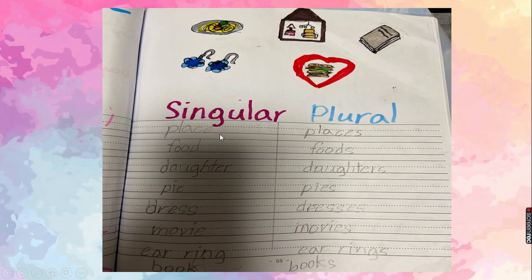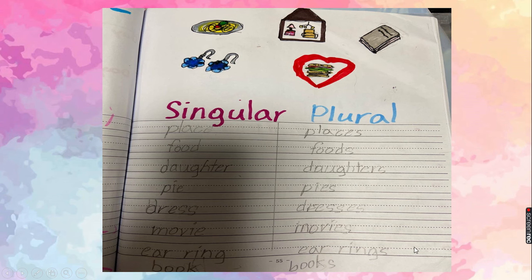Place, places. Food, foods. For food, actually, this word food is a non-count noun, so we don't have to put an s for the word food. We can just say food. Daughter, daughters. Pie, pies. Dress, dresses.